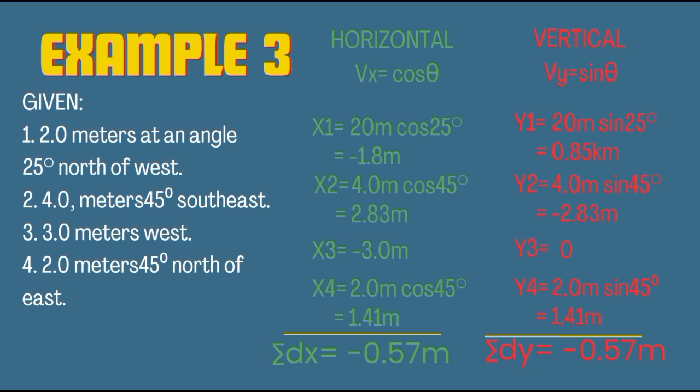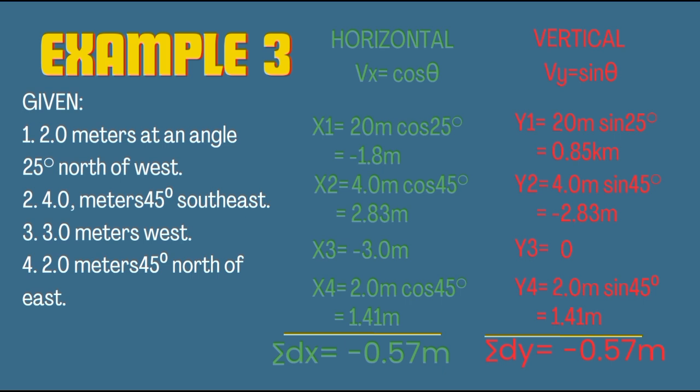And for the second, x2 is 4.0 meters cos 45 degrees, which will be 2.83 meters. And for the y2, 4.0 meters sin 45 degrees, which will be negative 2.83 because it is south.